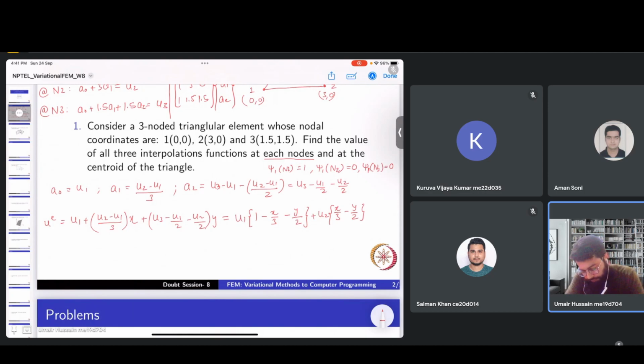Then we have another term, coefficient of root 3, that's only y.